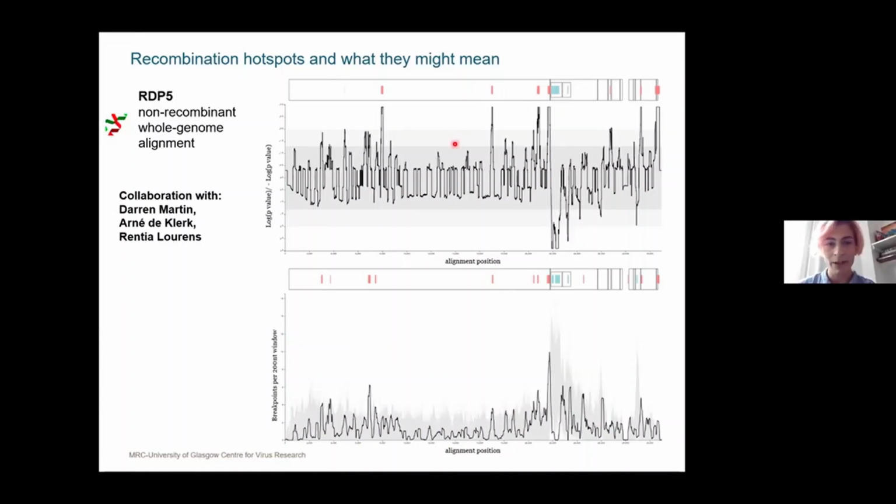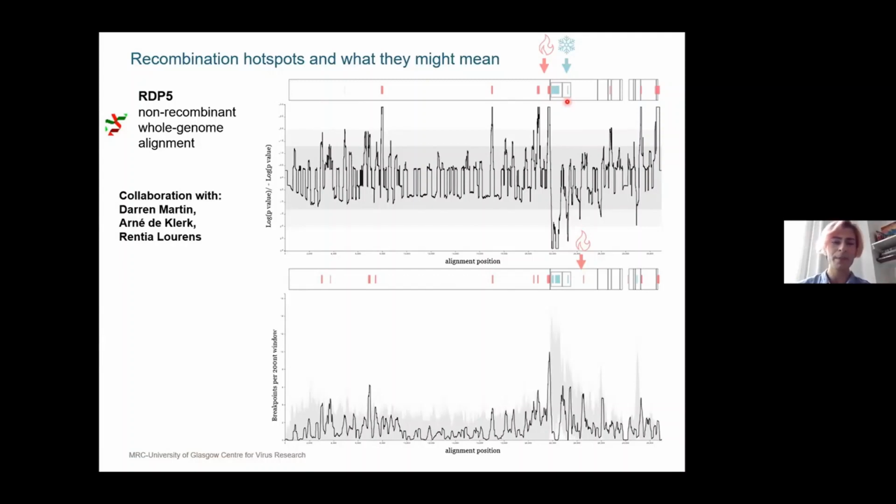But I'm going to draw your attention to a specific place across the genome. And these are consistent hotspots right before the spike open reading frame. And also in this analysis, we pick up one downstream within the spike open reading frame. And also these very persistent cold spots that are exactly where the N-terminal domain and the receptor binding domain of the spike ORF is.